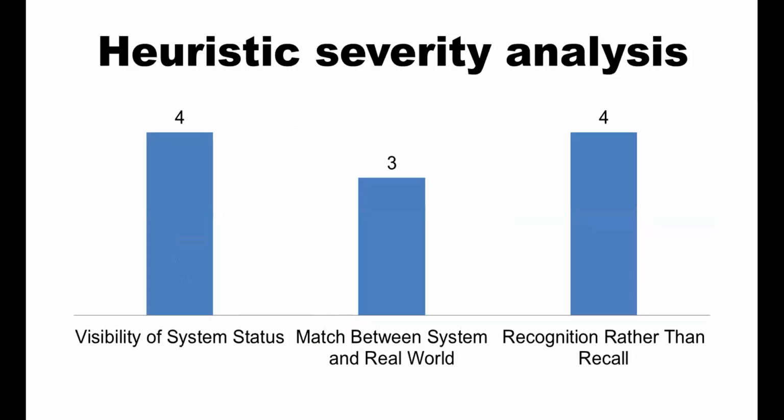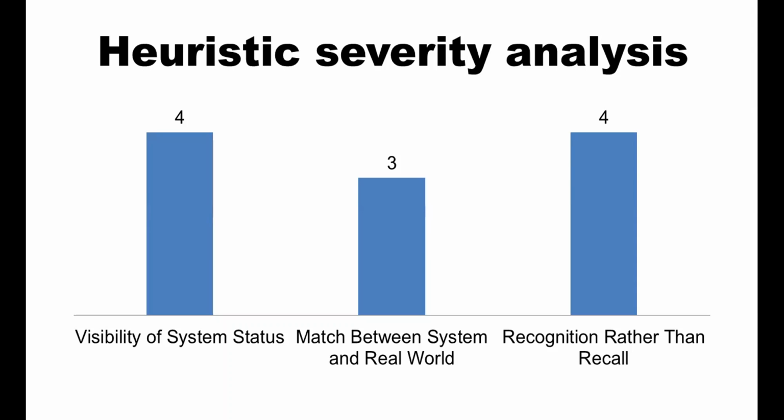After that, the designers defined the severity of each one, and they identified that visibility of status has severity 4. That means it's the worst problem that we have.